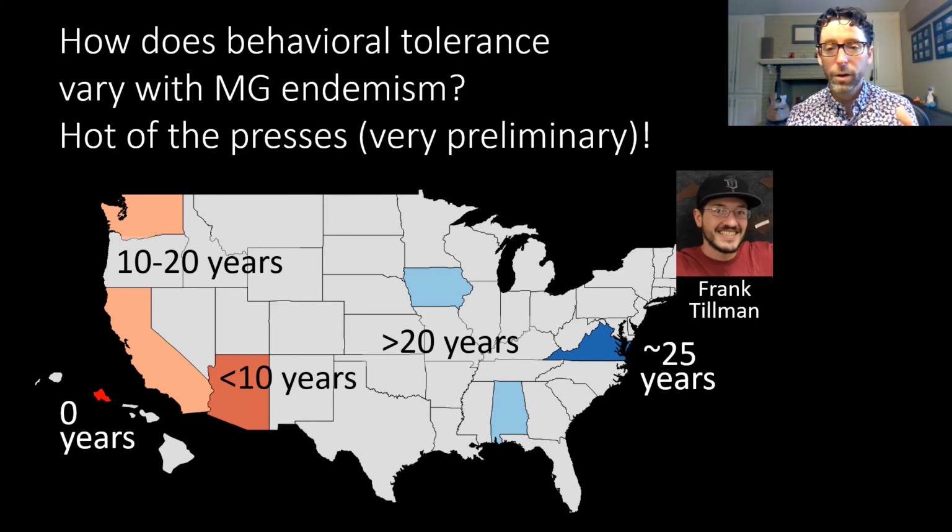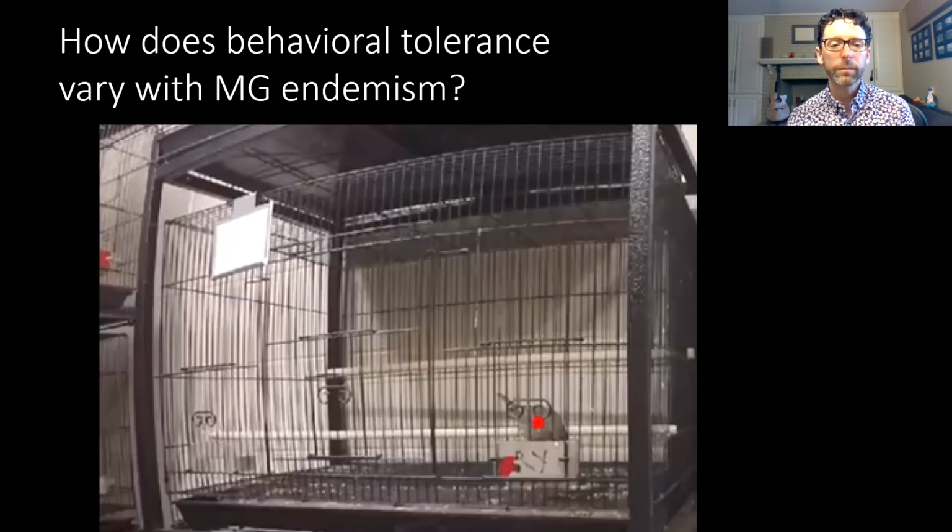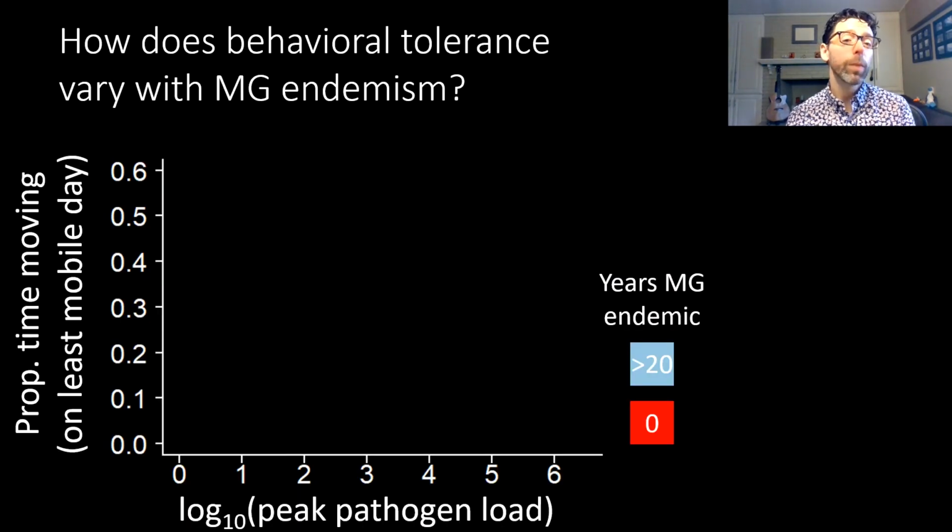Then I have a grad student, Frank Tillman, who's curious about how behavioral tolerance varies with endemism. And what he's done is very, very preliminary, very hot off the presses, looked at 2 populations for right now, figured out this great tracking software, did a lot of tweaks to make this work. And what we can get from this is the proportion of time animals spend active, or mobile.